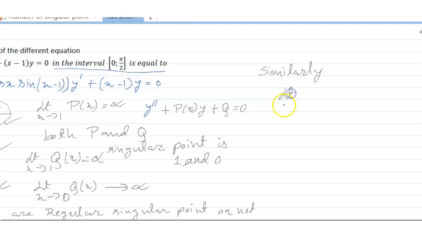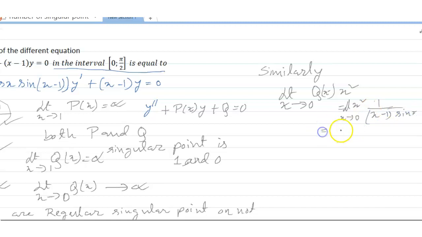Similarly, when I take limit x tends to 0 q(x) into x square, whatever I get, limit x tends to 0 x^2 times 1 by (x minus 1) sin x.